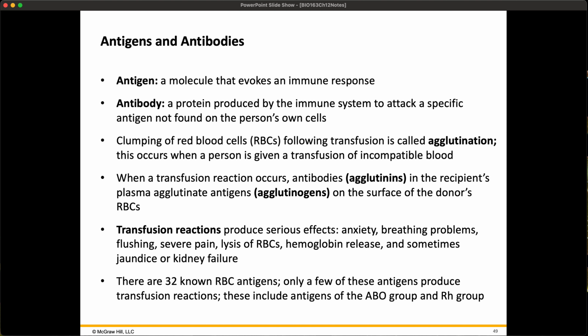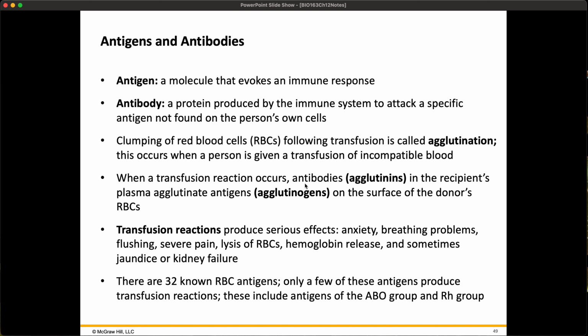And they will cause that clumping if it's a red blood cell. So if it's an improper transfusion, they agglutinate, they stick together. The antibodies from the recipient's plasma will agglutinate and stick to the antigens on the red blood cells of the donor. That's why they do that cross-matching test.